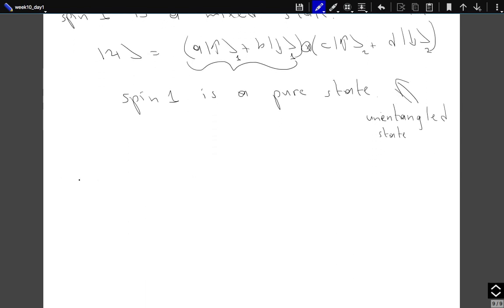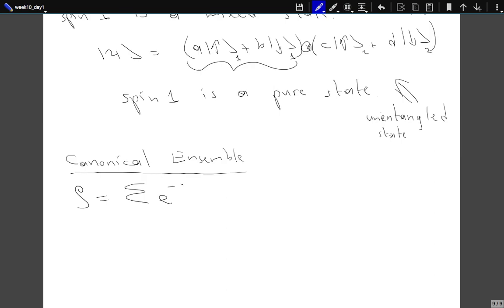Now, we had also seen that, okay, rho, let's say in the canonical ensemble, we had said that rho is equal to e to the power minus beta En divided by the sum of e to the power minus beta En.